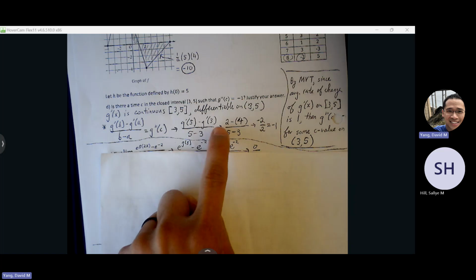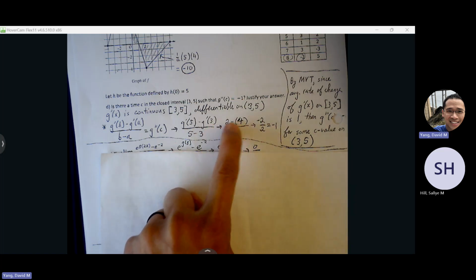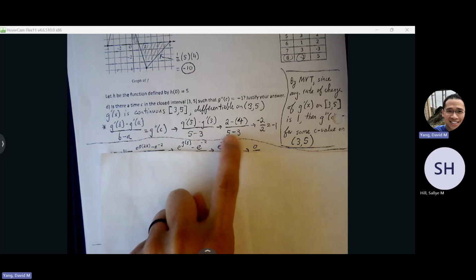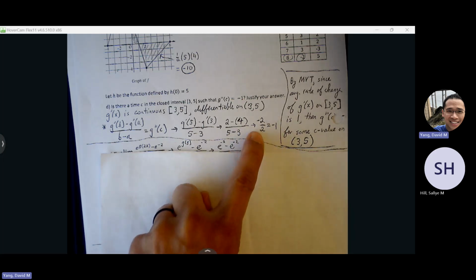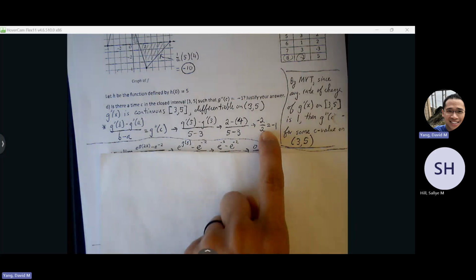So G prime of 5 using the table is 2. G prime of 3 using the table is 4. So change in G prime over the change in x is -2/2, which is -1. And because there's a slope between the two endpoints of -1 and the graph is smooth and continuous, there must be a -1 slope somewhere along that curve.